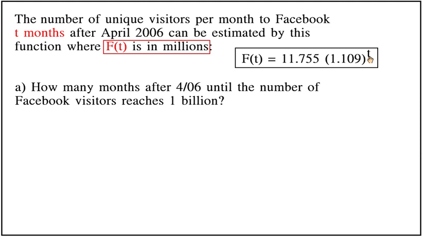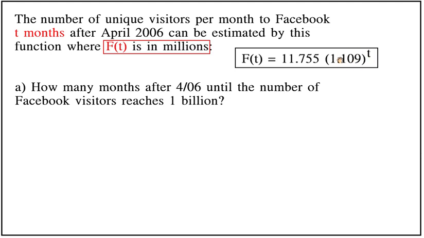Let's pick the initial value for t, which would be t is equal to 0. When we let t equal 0, in other words, when we look at the number of Facebook visitors as of April of 2006, what is the output? And so we would put 0 right here. And of course, any base to 0 is going to generate 1.